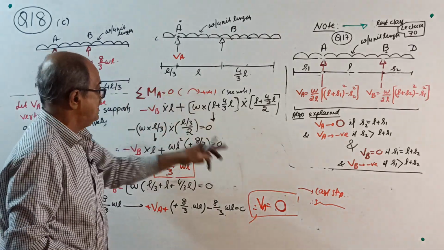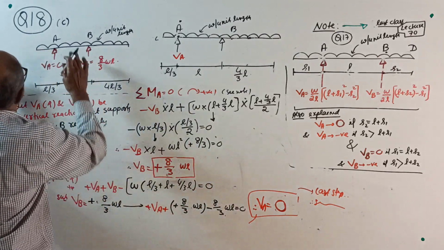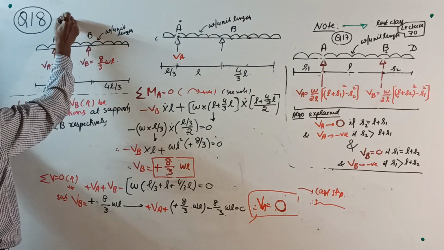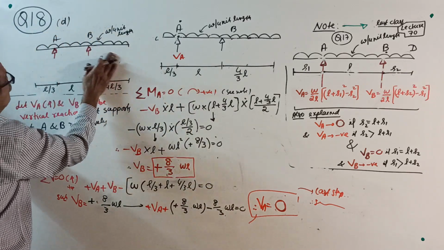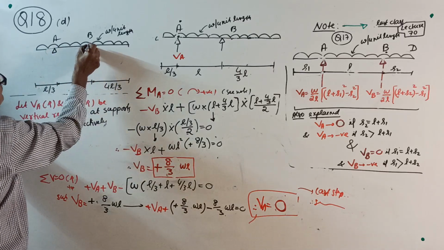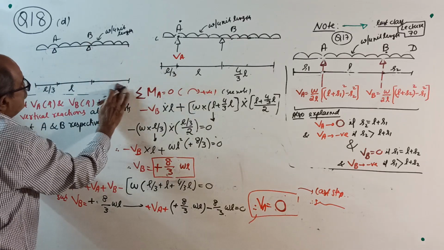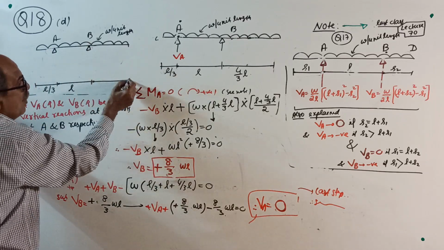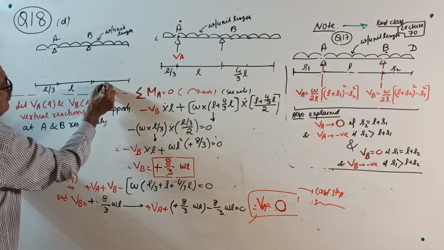Okay, now to save the time, question number 18D. I will tell you what I will do now. See, what I will do is, I will put the support here, same support here, but instead of 4L by 3, I will make it a little more. I will make it 5L by 3 now.